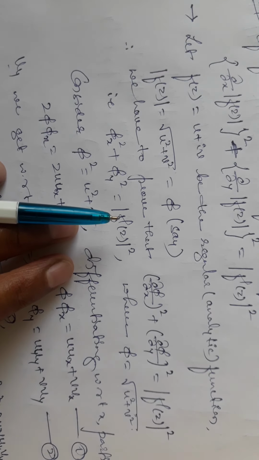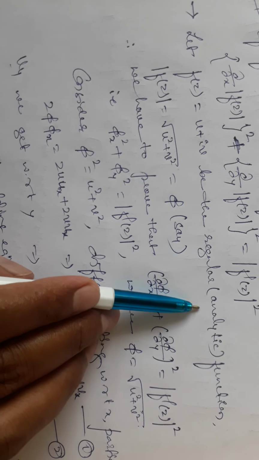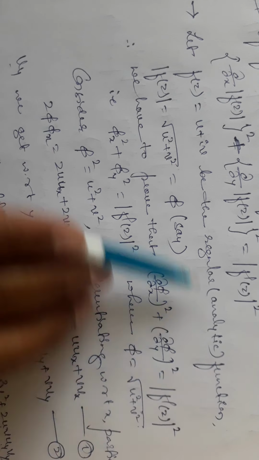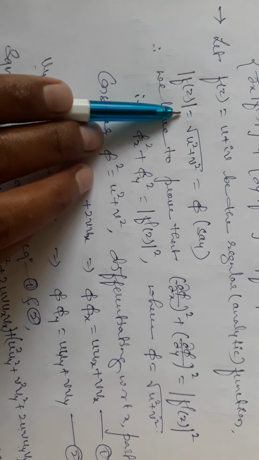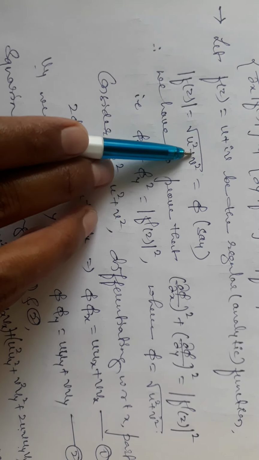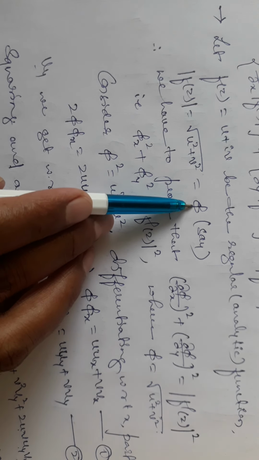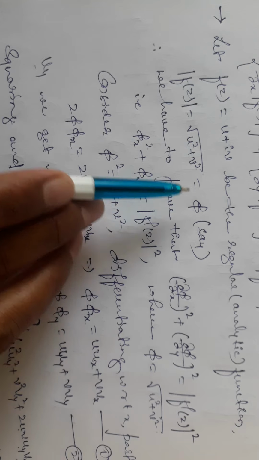Solution. Here f of z, that is u plus iv, be the regular, that is analytic function, then mod f of z is the square root of square of real part plus square of imaginary part. I can call this function phi.